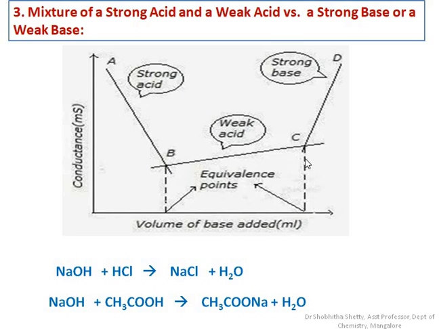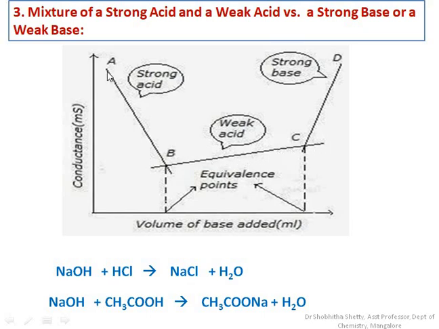First the conductance value decreases, mainly because of the first reaction, the reaction of the strong acid with sodium hydroxide, where H plus ions are replaced by Na plus ions. Once all the HCl has been consumed, from this point you can observe a steady increase in the conductance value, not a decrease.